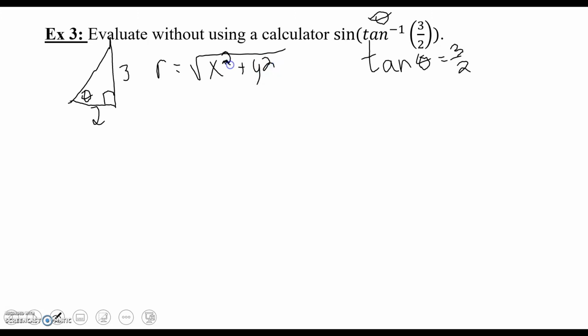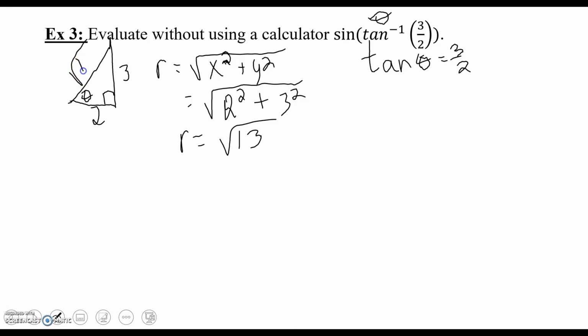So r is equal to the square root of x, which is the 2, our adjacent side, squared, plus our 3 squared, the y. So that's 4 plus 9, which is 13. So r is equal to the square root of 13. And so we have this side being the square root of 13. So we have defined our triangle.